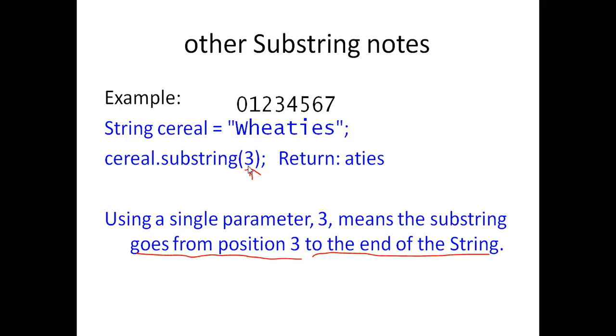So very simply, you find position 3, which is the A. So it's going to be the A, and then it goes all the way to the end. You don't need another parameter in there, because just having a single parameter lets you know that you're going all the way to the end. And that's how that works.